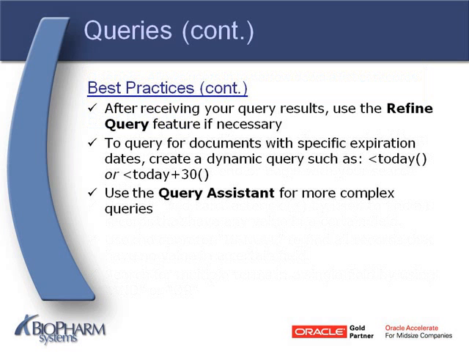Users are able to create dynamic queries for document expiration dates. For example, if you enter less than today, open and close parentheses, to return expired documents, or enter less than today plus 30, open and close parentheses, to return expired documents and those that will expire in the next 30 days.